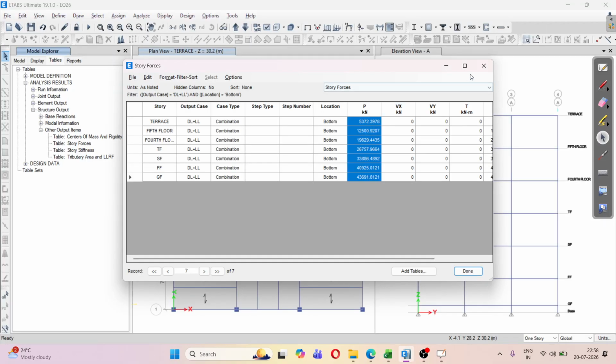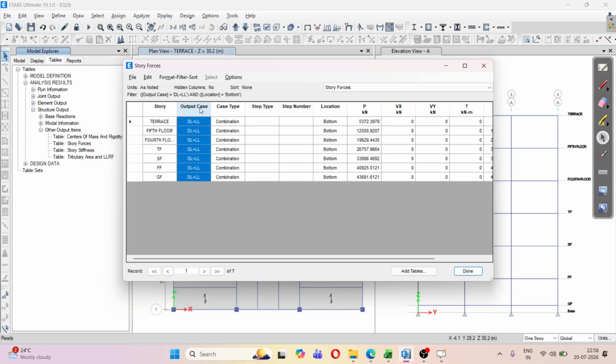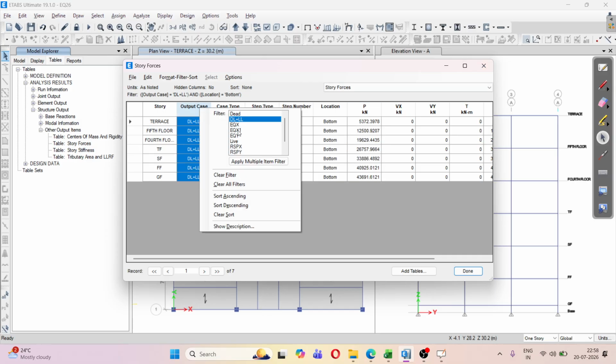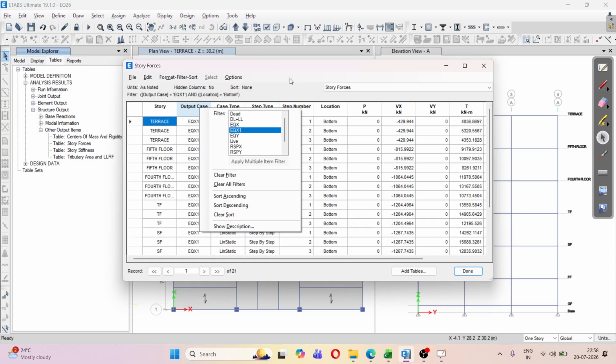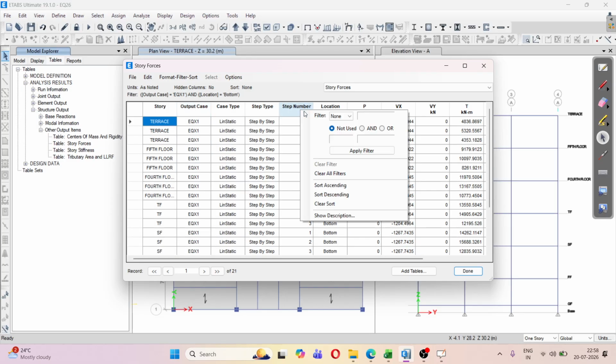Now Vx. For Vx, here we will select the EQX case, that is your lateral case, and you can check for all the cases 1, 2, and 3.